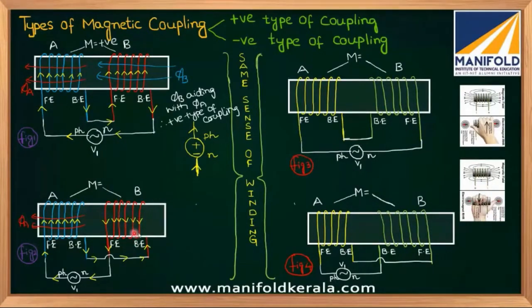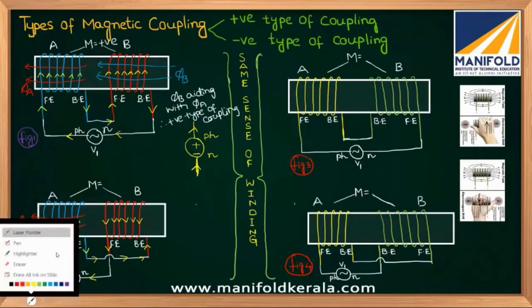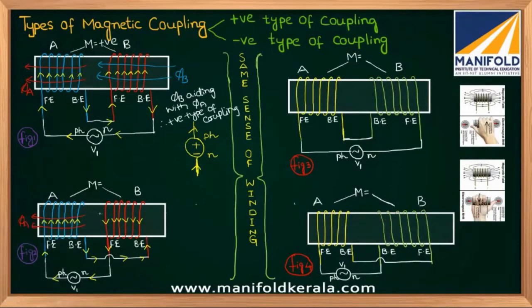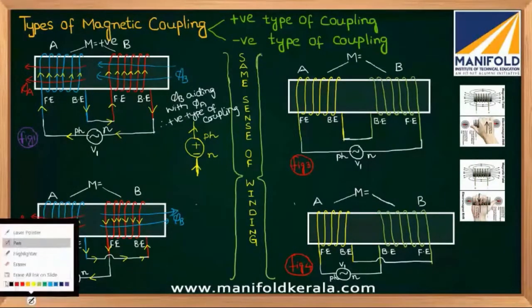So you have to hold this core in this manner, and the flux will be given by the thumb. Will it be from left to right or right to left? Left to right, very good. Like this. That is phi B.